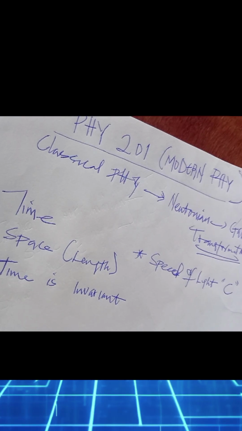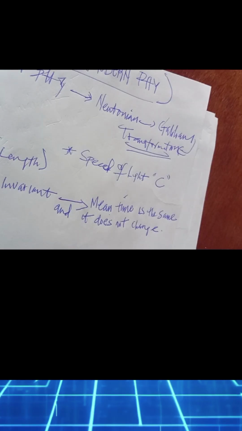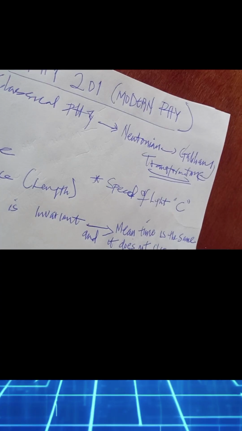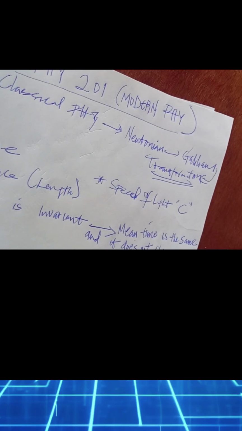So time is invariant means time is the same. For Galilean transformation, for Newtonian physics, time is invariant. Please don't forget.